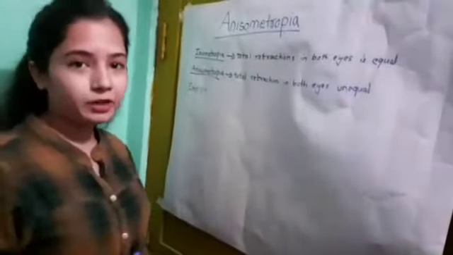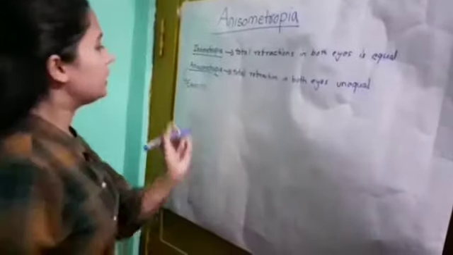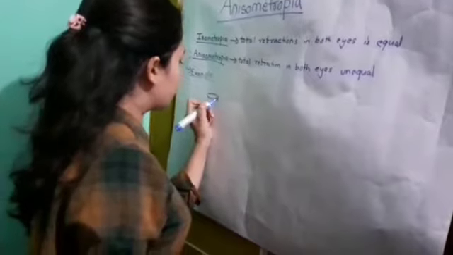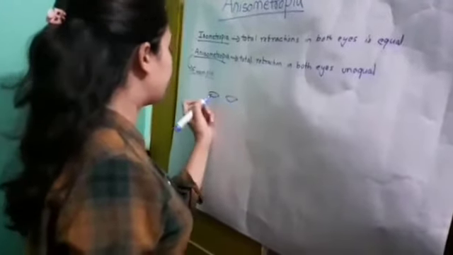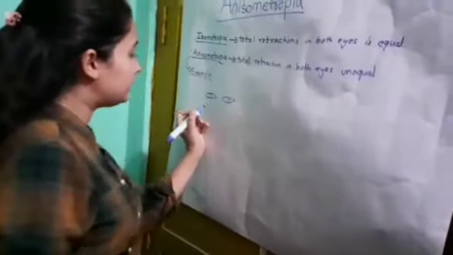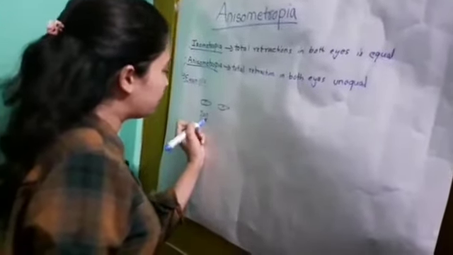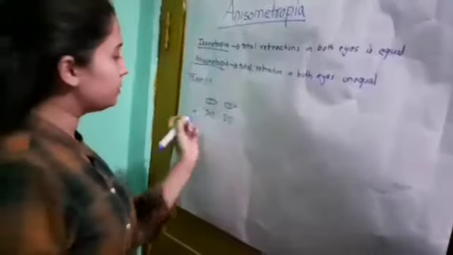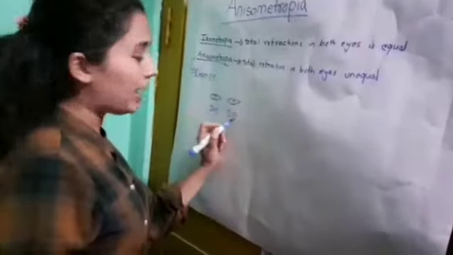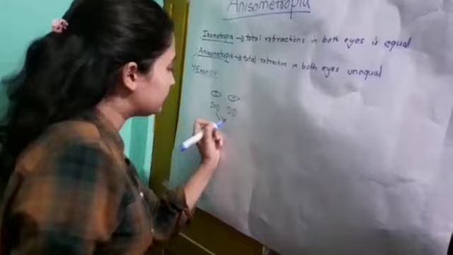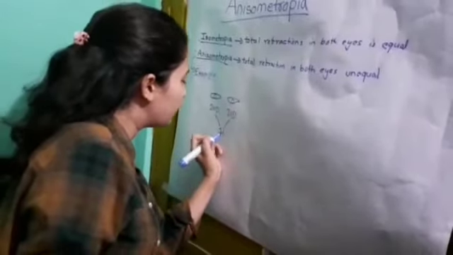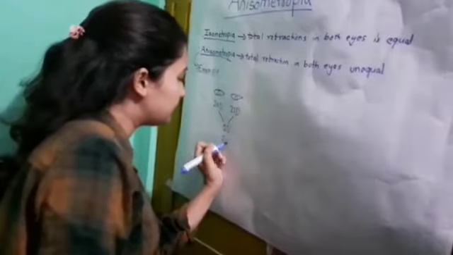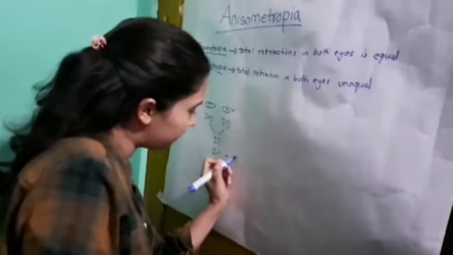Let's go through an example of anisometropia. In anisometropia, we take the right eye and the left eye. In the right eye there is 20 diopter, and in the left eye there is 21 diopter. We know that the visual power in both eyes is unequal. So here the difference is 1 diopter, and it causes a 2% difference in the size of the retinal image.